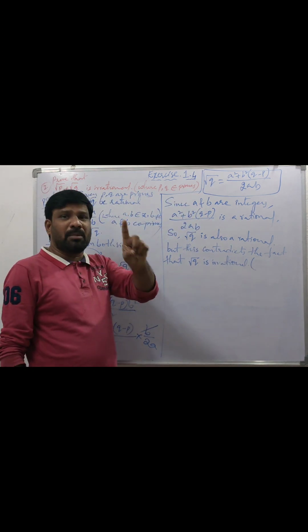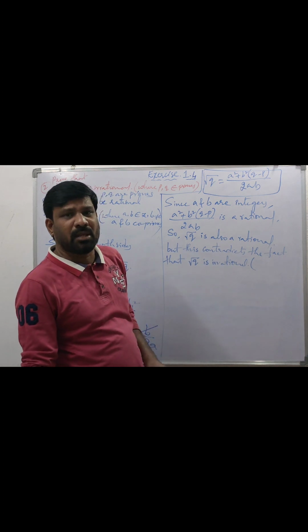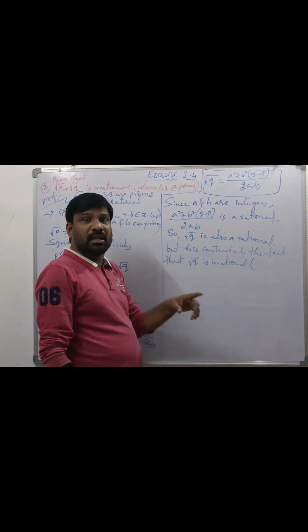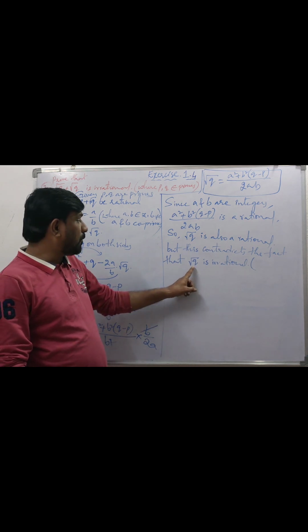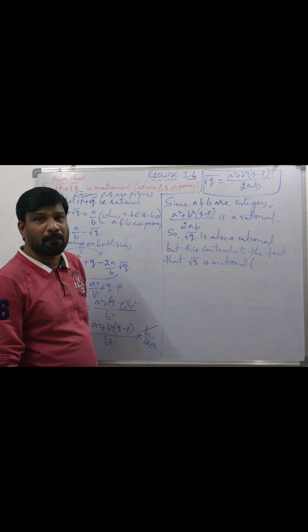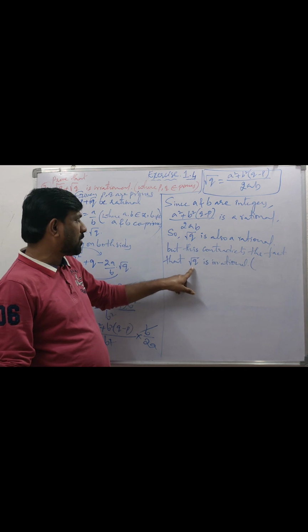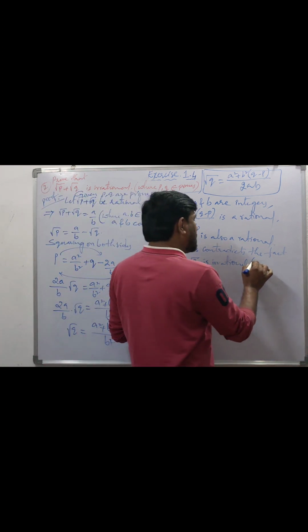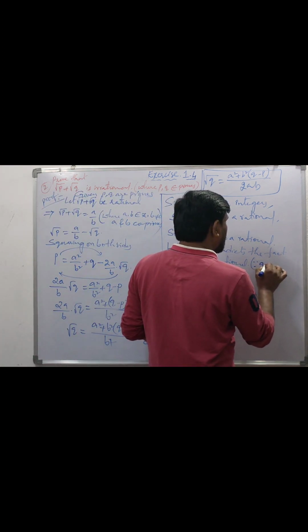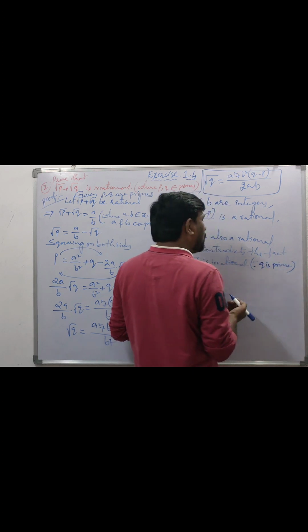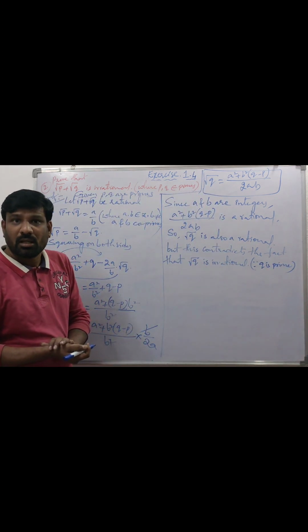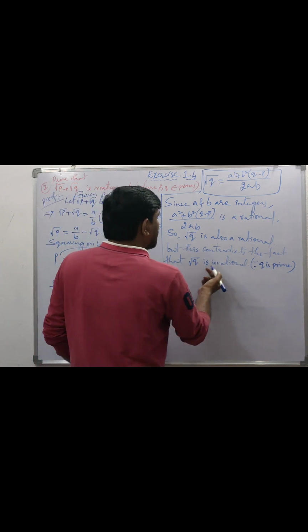The square root of a prime number is always irrational. Please remember this. So since q is prime, root q is irrational. So this is a contradiction.